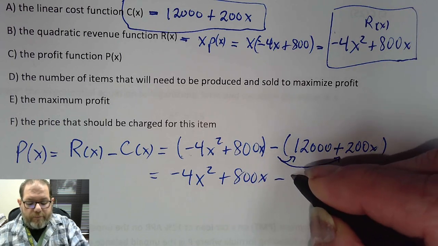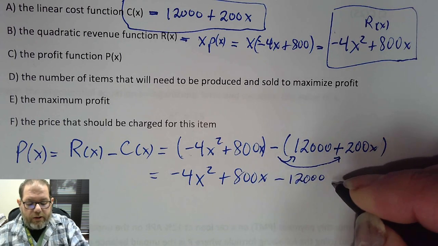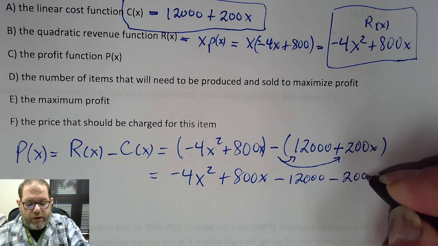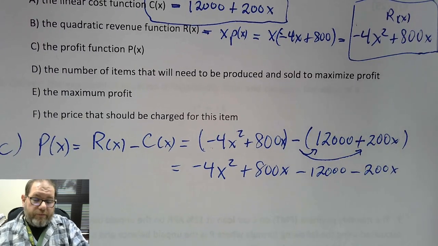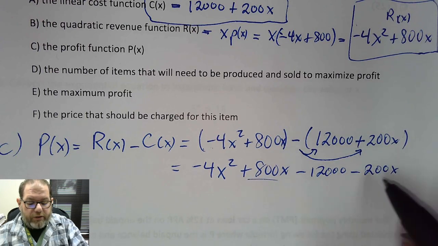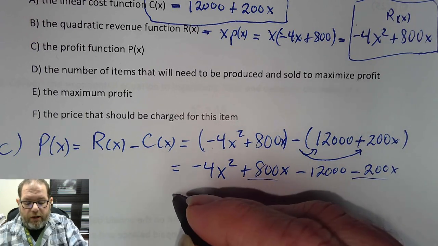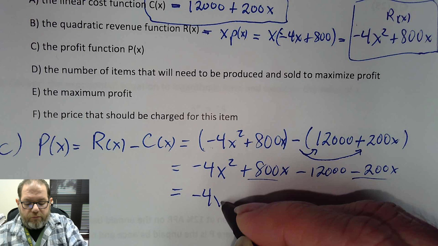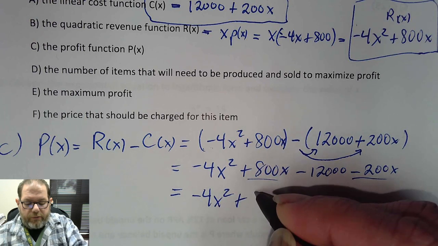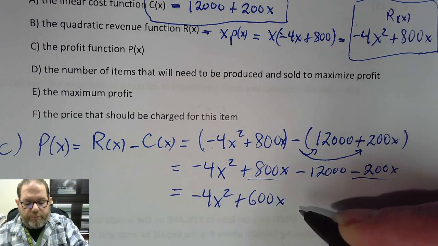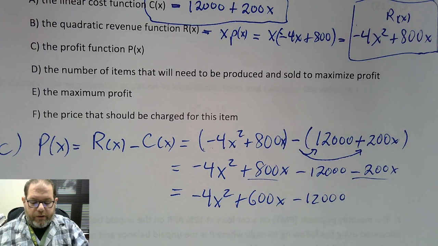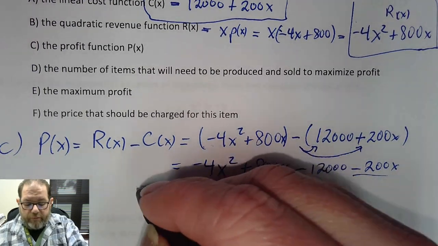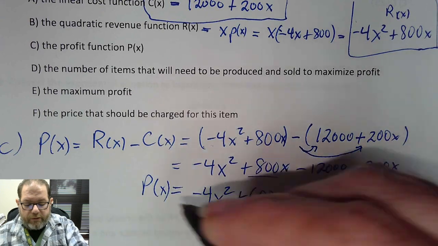So that's a minus 12,000 and a minus 200x. Now we can combine our like terms. We have an 800x and we have a minus 200x. And so that's going to give us negative 4x squared plus 600x minus 12,000. And so that's our profit function, capital P of x.